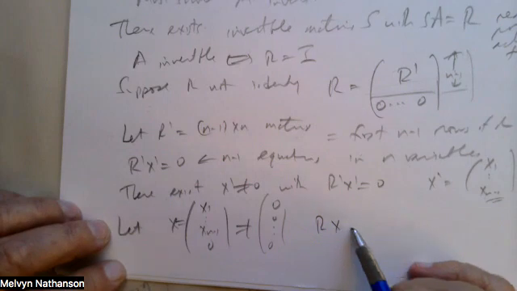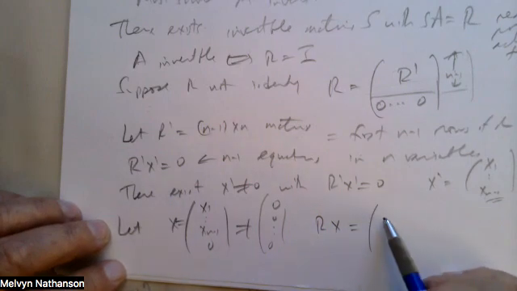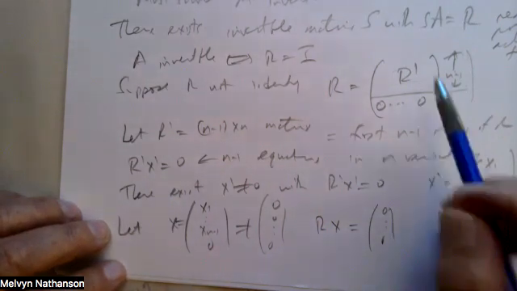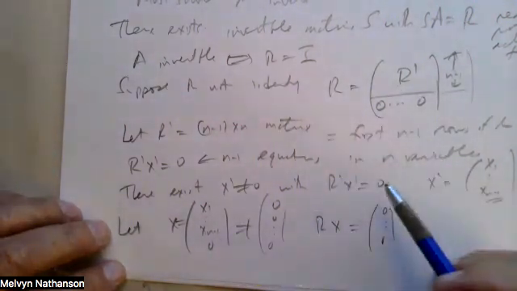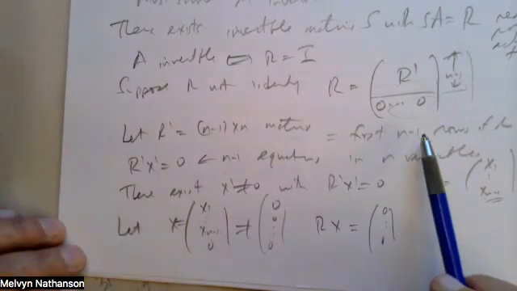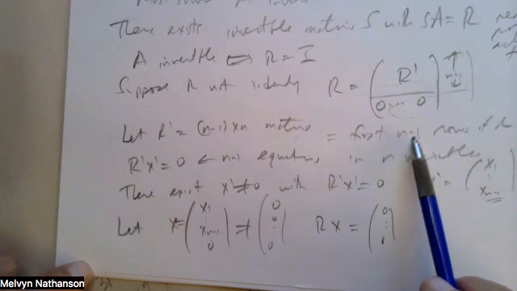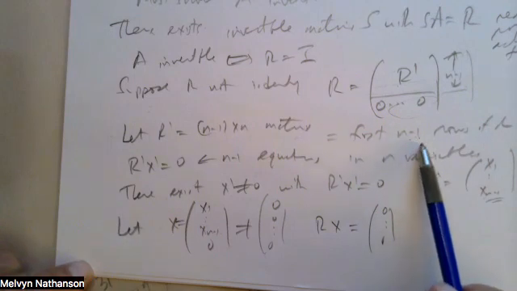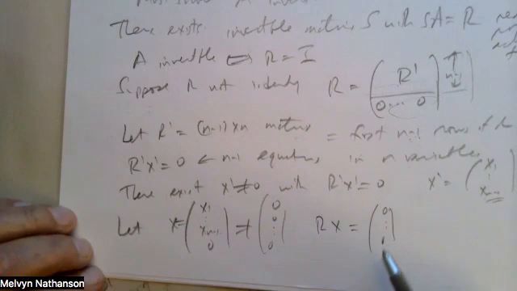Then Rx is actually going to be all zeros, because R prime times x prime is 0, and the 0 row times anything is 0. So if the reduced row echelon form of A is not the identity, then the homogeneous system of equations has a non-zero solution.